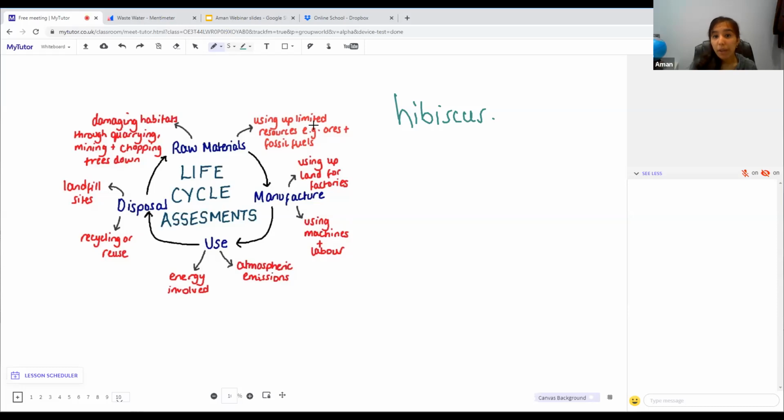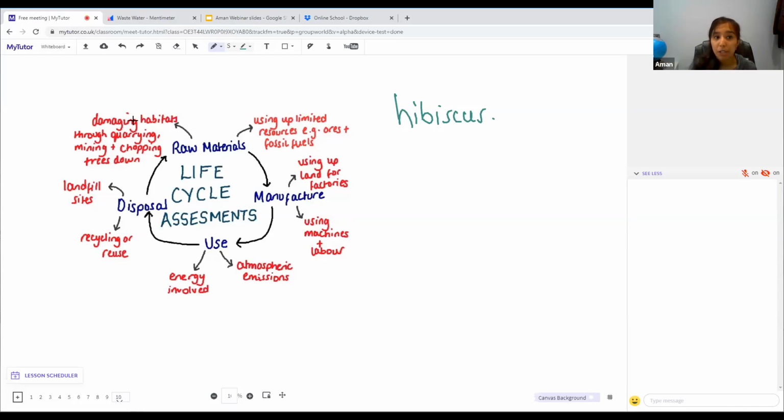So if we were thinking about a cotton pillowcase cover, we wouldn't be thinking about limited resources, so it doesn't use that. And actually, when we use a cotton plant, hopefully you remember it's a renewable resource because we can plant more cotton plants. But maybe something it does do when we take that cotton is it damages habitats, and that might be because we have to uproot the cotton plant to use it.